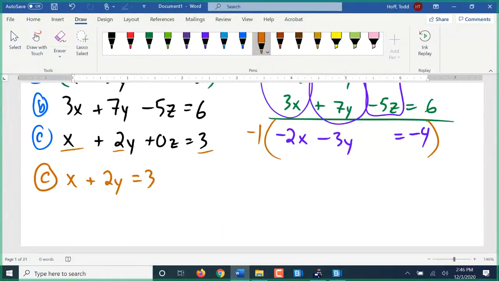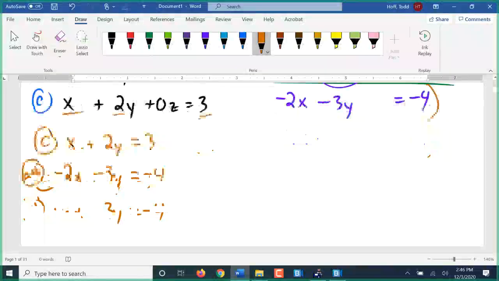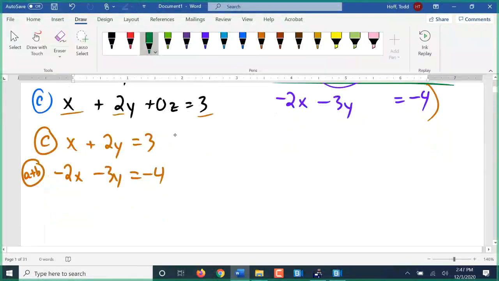Actually, you know what? It might be easier to leave it. Let's leave it. I'm just looking at equation C thinking, I have a positive 1 in x. Let's leave that as just negative 2x minus 3y equals negative 4. So this is what I got when I combined equations A and B. I now have that 2-variable system.